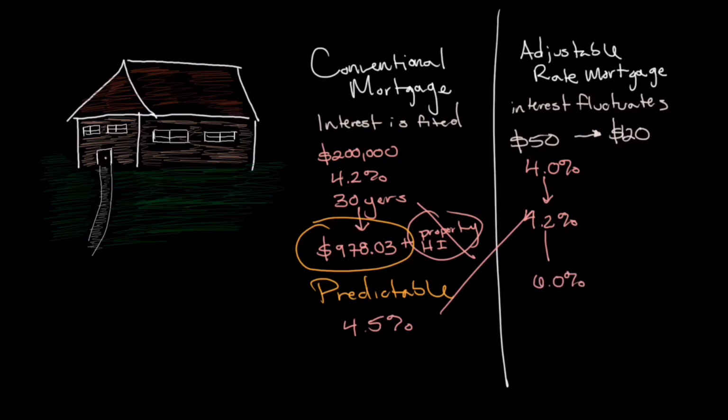Now, this isn't really an issue until people make decisions on what they're going to pay for their mortgage based on this teaser rate. So if I stretch my budget and I get an adjustable rate mortgage and I can barely afford the teaser rate, well, when the rate adjusts to 4.2 or potentially 6%, that's when it can have a really significant impact on my budget and really stress my finances.